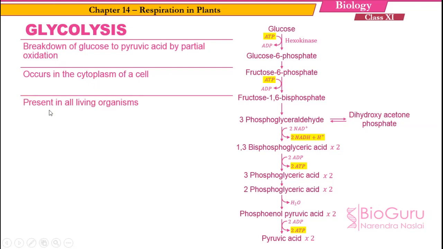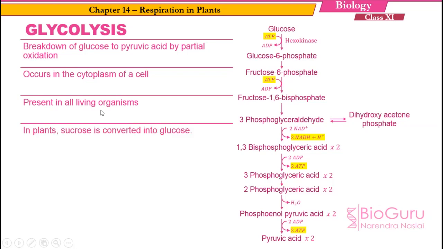Glycolysis is present in all living organisms, right? Be it unicellular or multicellular organisms, be it plants or animals, be it prokaryotes or eukaryotes, in all organisms glycolysis takes place in the cytoplasm.